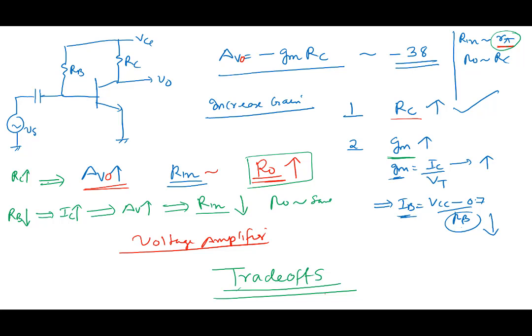You try to improve one quantity, the other quantity goes bad. So you can improve gain by compromising output resistance, or you can increase gain by compromising input resistance. These are the possibilities.